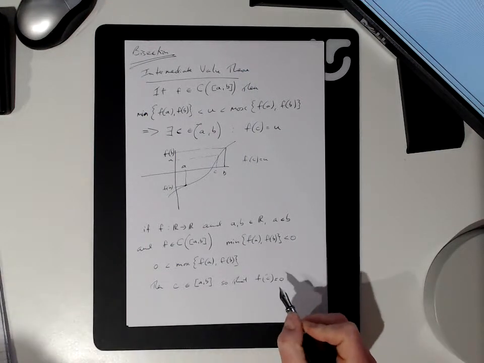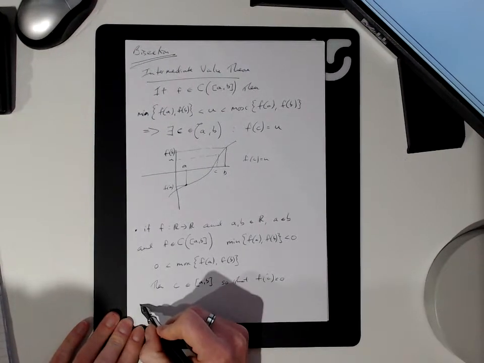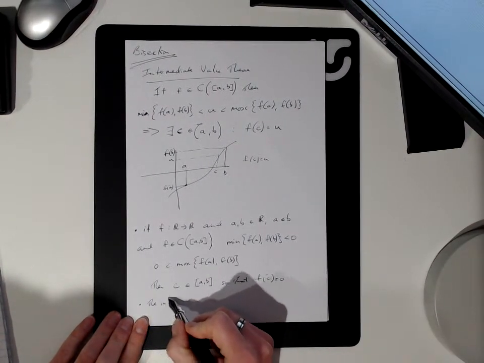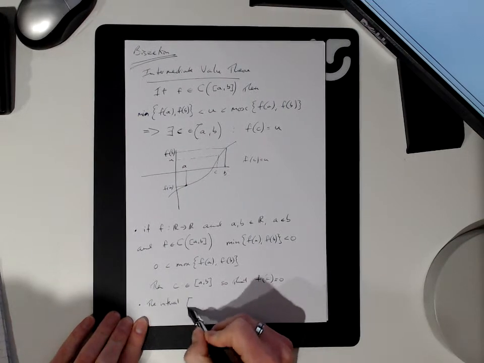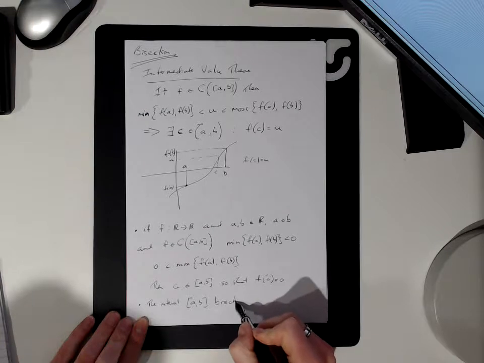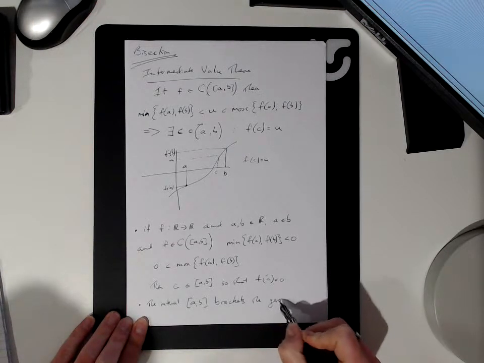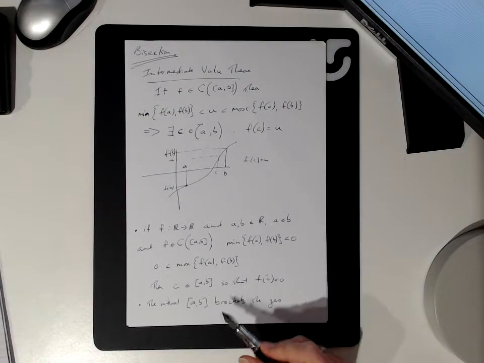We have our root. So it can be said that the interval [a, b] brackets the 0. This is an important idea.